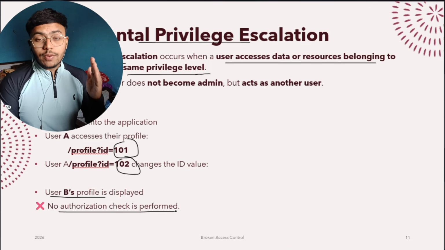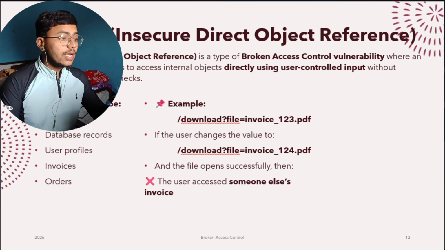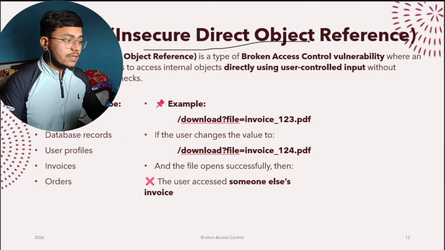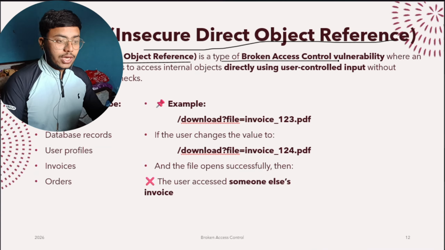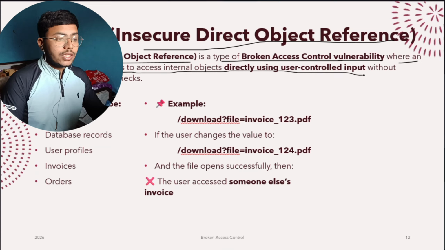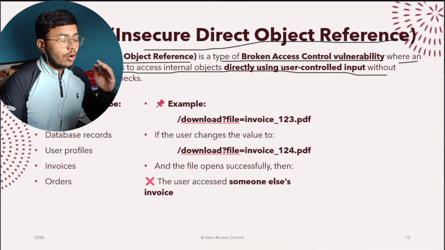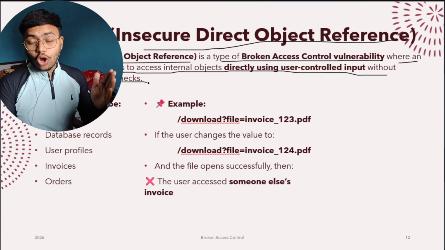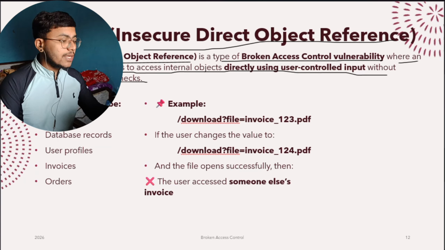Now, the third type of broken access control is IDOR, insecure direct object reference. It is a type of broken access control vulnerability where an application allows users to access internal objects directly using user-controlled input without a proper authorization check. The objects are files, database records, user profiles, invoices, orders.